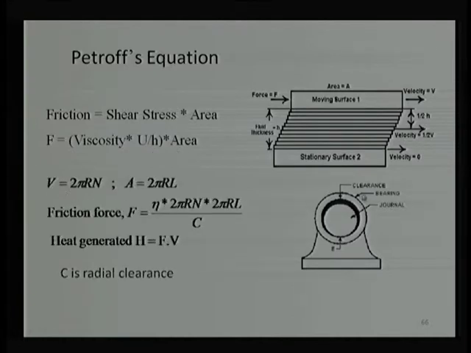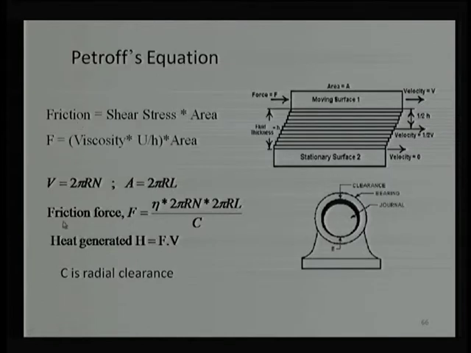Now, for this kind of geometry the velocity is pi d n, with the rotational speed of the shaft accounted for, so the surface speed of the shaft will be pi d n, or 2 pi r n, where r is the radius of the shaft. The area can be given as pi d L, that is the whole circumference into the length of the shaft within the bearing. So, the area which is really shearing the liquid is 2 pi r into L.